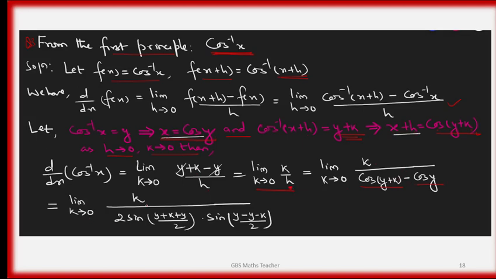Then limit k tends to 0, k over the numerator and denominator, using c minus d like in the previous part: 2 sin((c+d)/2) times sin((d-c)/2). That's why d is y plus k, both negative, multiplied by minus, it becomes both negative, divided by 2, and you obtain this result.